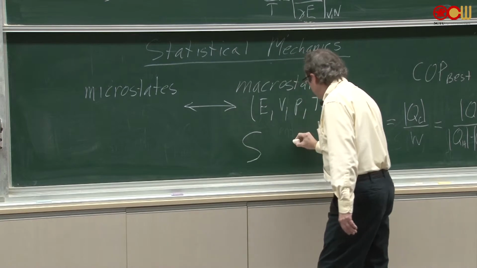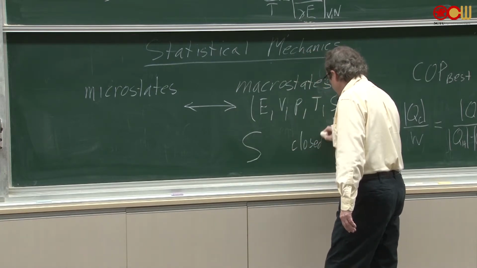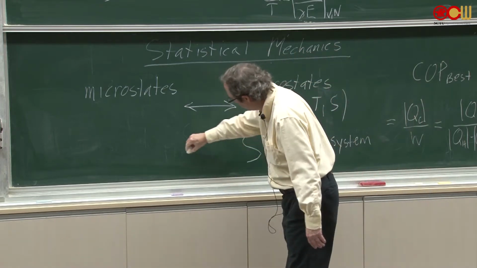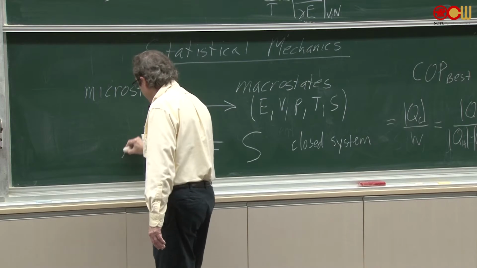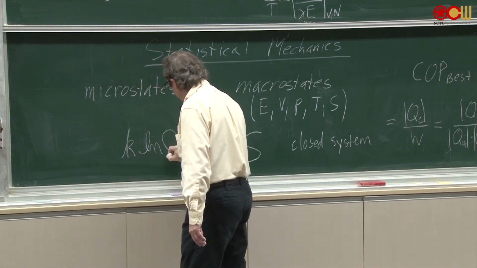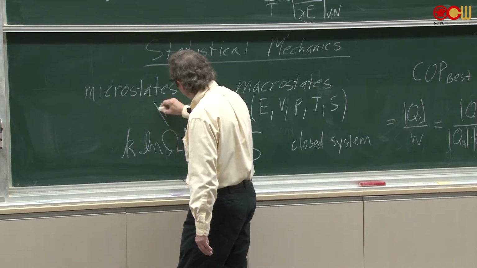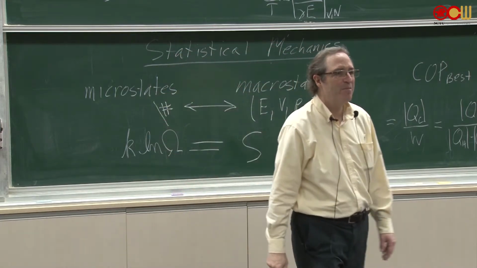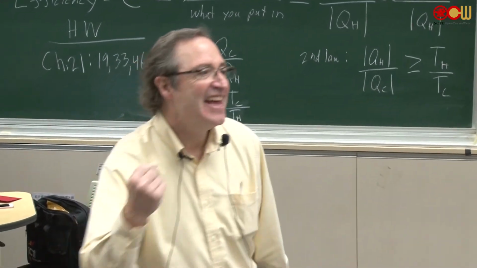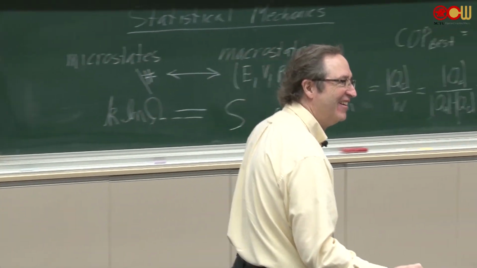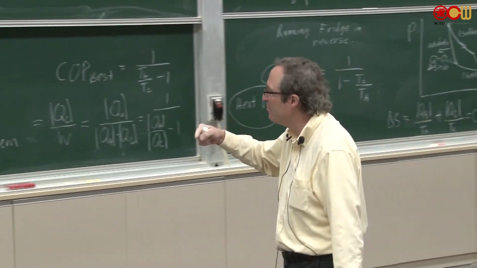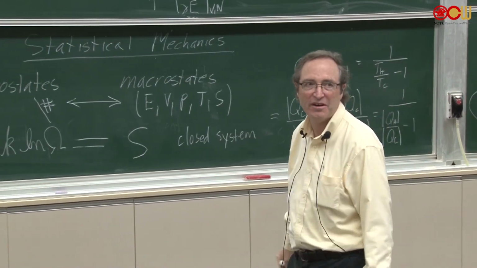For a closed system, the entropy is Boltzmann's constant times the log of the number of microstates that the system can be in. Somehow, we actually can count how many microstates there are. And if I count that, then the entropy is given by k times the log of that number.